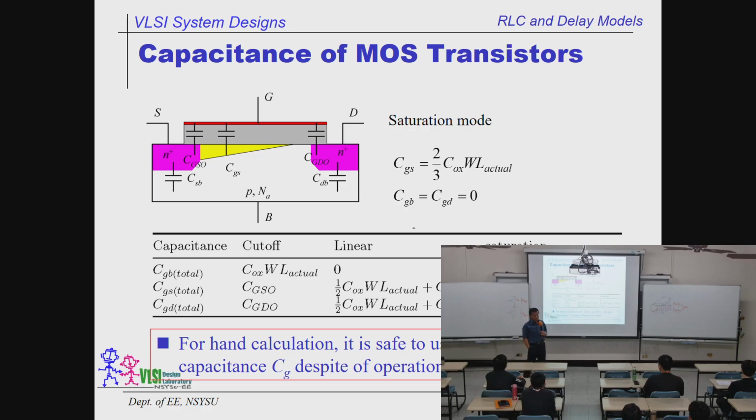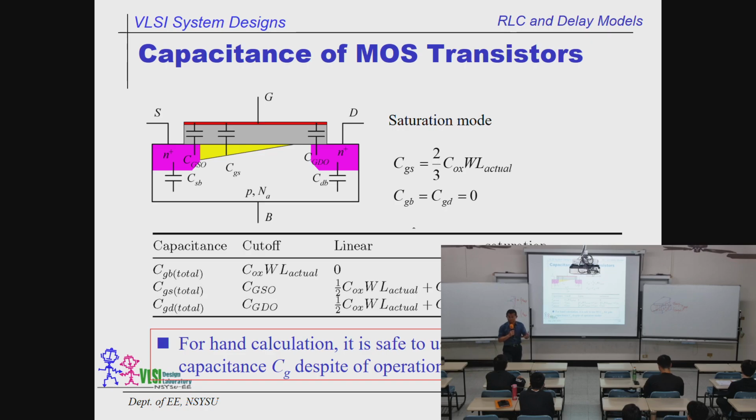So from now on, no matter which mode the transistor is in, whenever you want to estimate how big the capacitance is, use W times L times a single unit capacitance. Then you are going to have a very safe estimation of the performance.